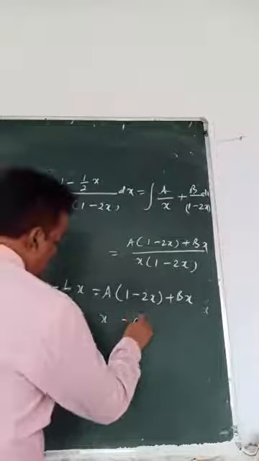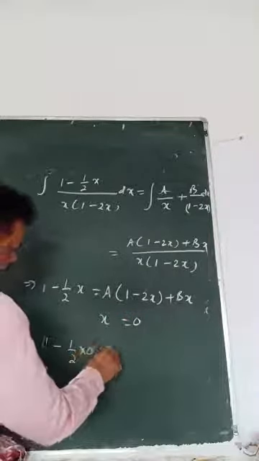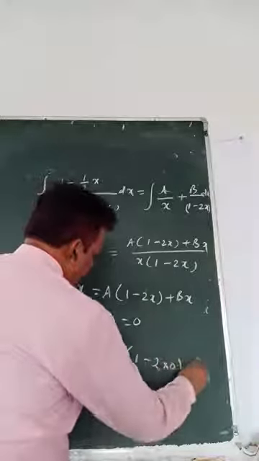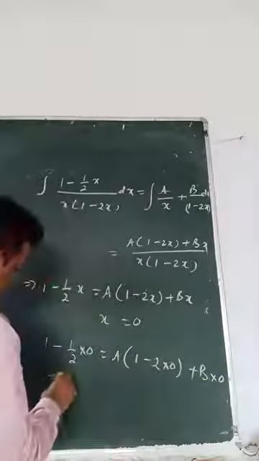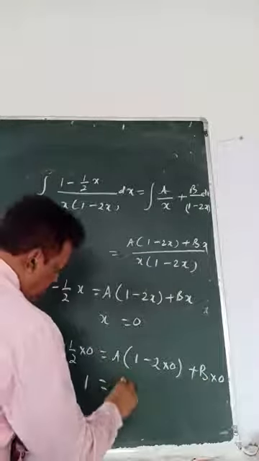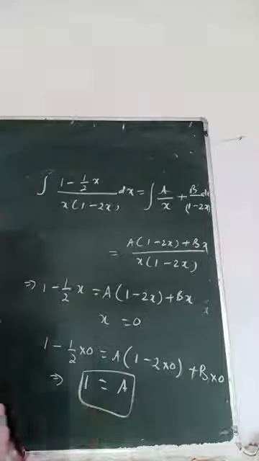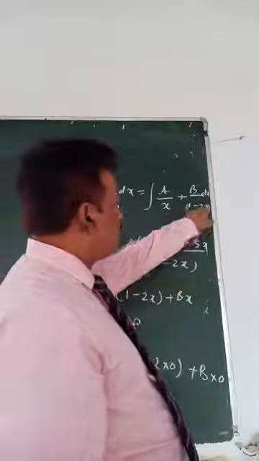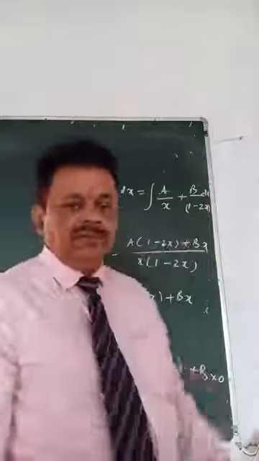So 1 minus half into 0 equals A into (1 minus 2 into 0) plus B into 0. This became 1 equals A, because this is 0, this is also 0.